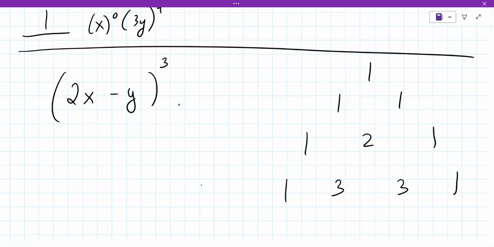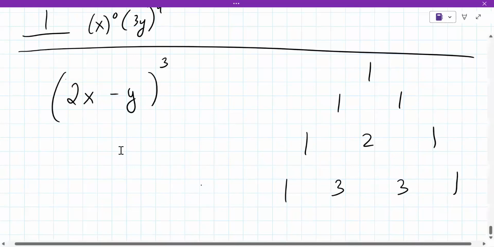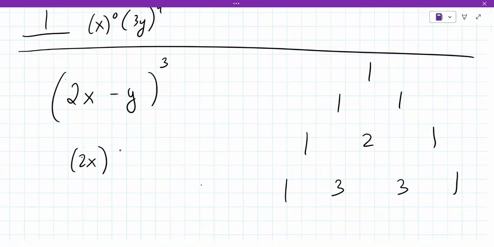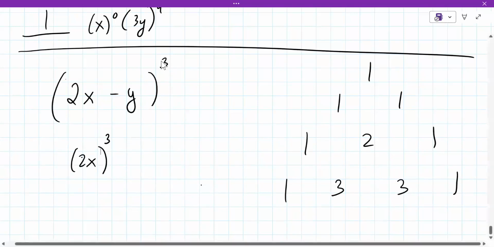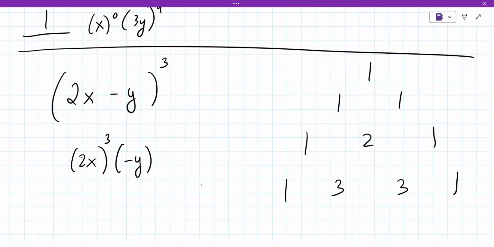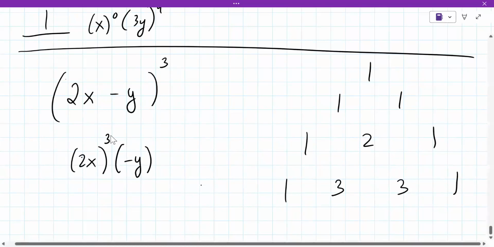The 2x, what is the first exponent that you use for 2x? Would it be 1? You always start with this exponent. Oh, okay, and then it's minus y. The exponent that goes above the next one, the sum has to get you back to 3.